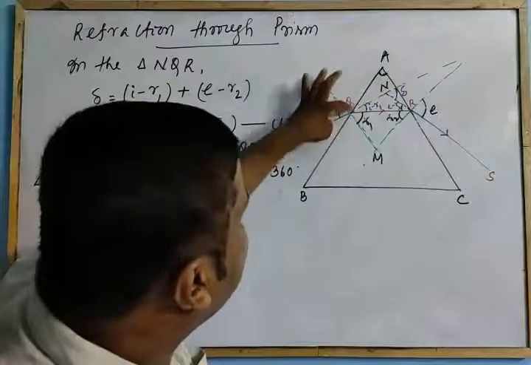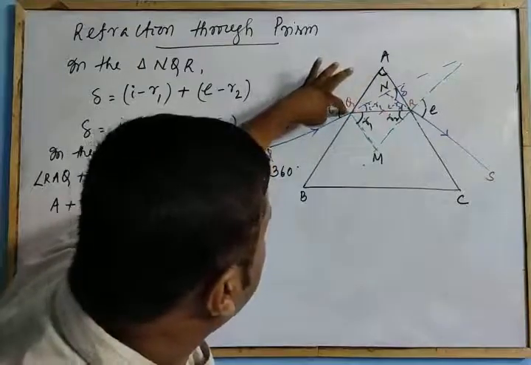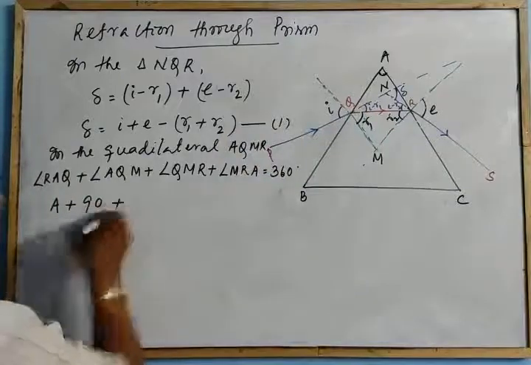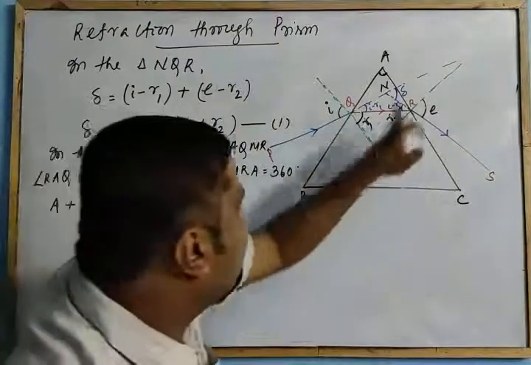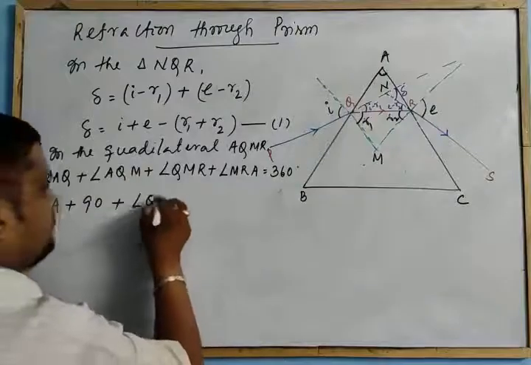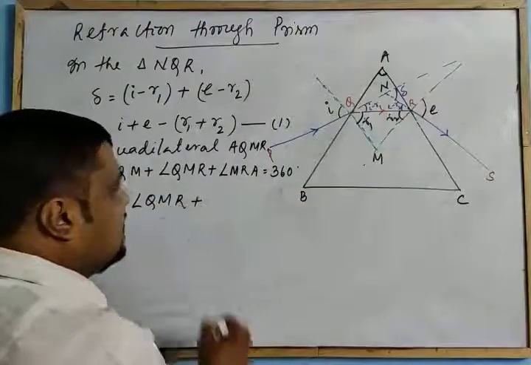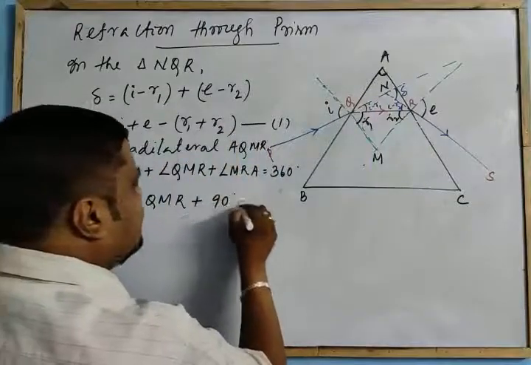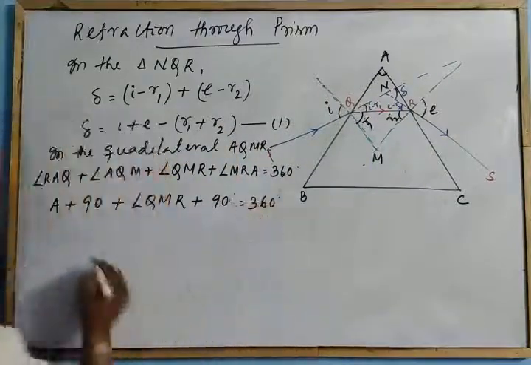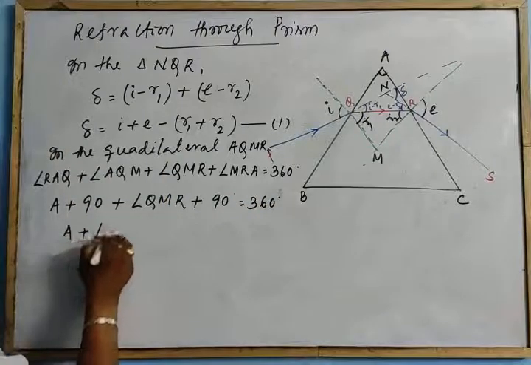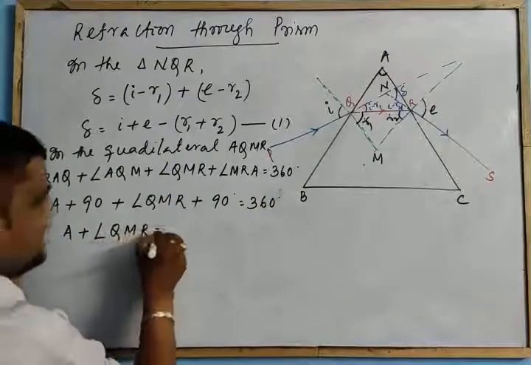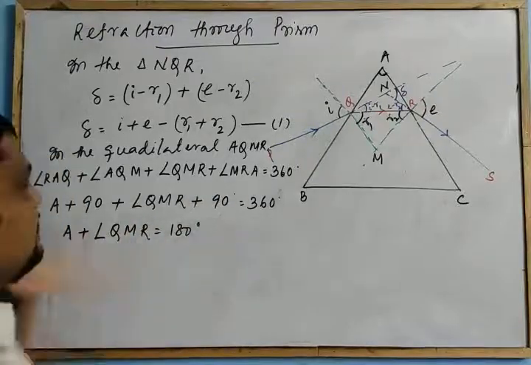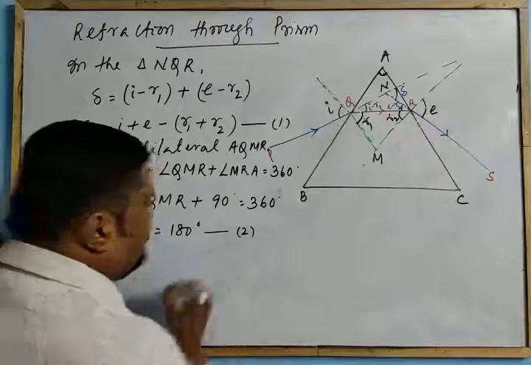This is a normal, so AQM is a perpendicular, 90, plus QMR, plus MRA, again 90, is equal to 360 degrees. Or I can write the angle of the prism plus QMR is equal to 180 degrees. So this is equation number 2.